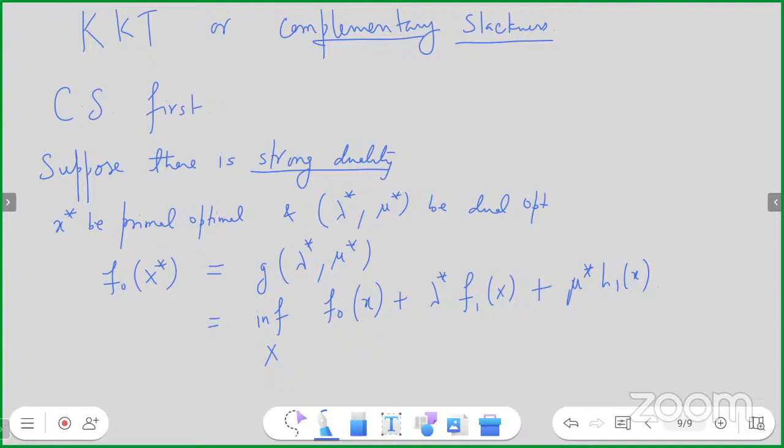This quantity is 0. And what about f0 of x and f0 of X star? It better be that. So this is less than or equal to f0 of X star. Okay, what has happened in the process?